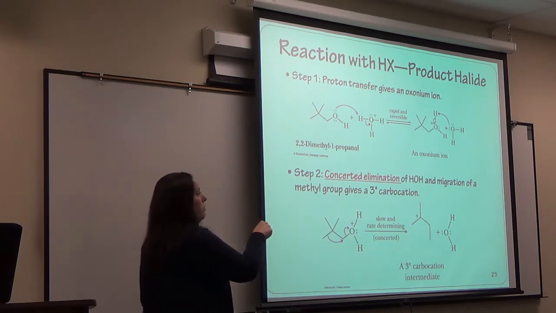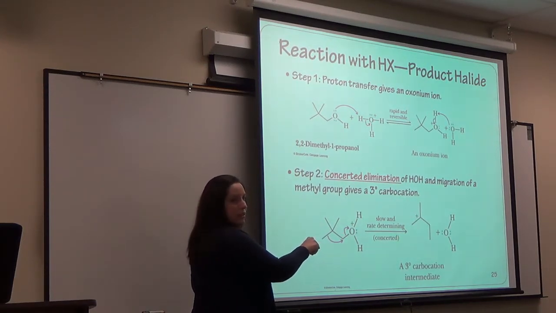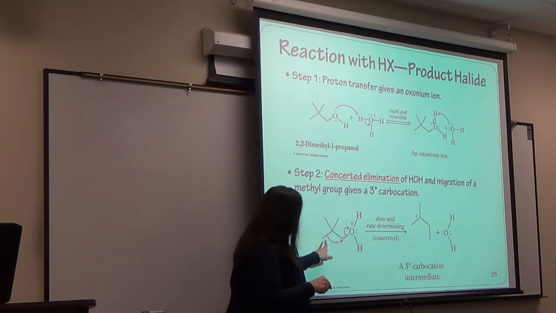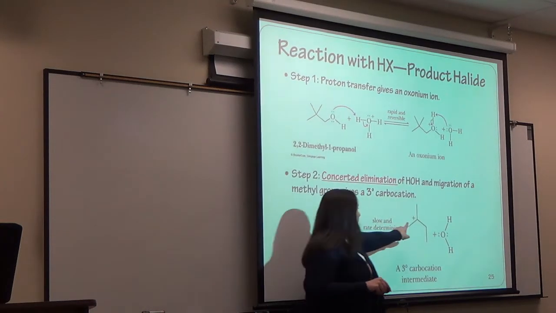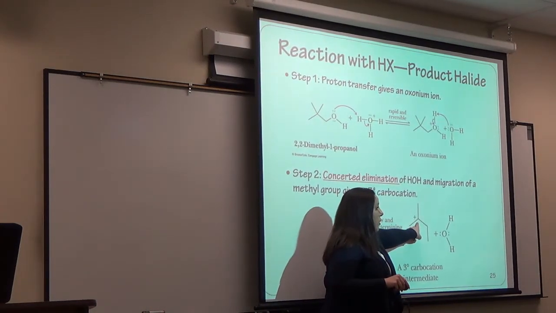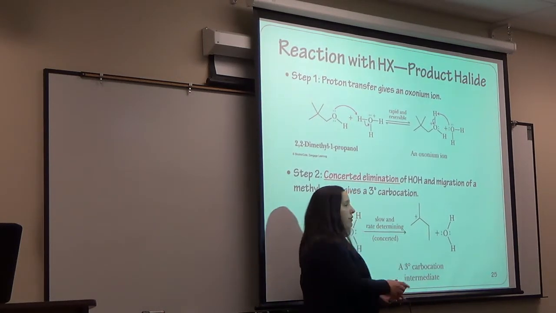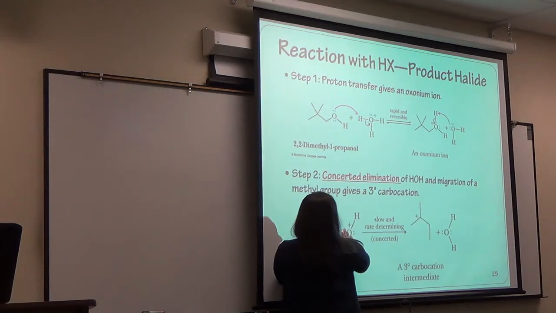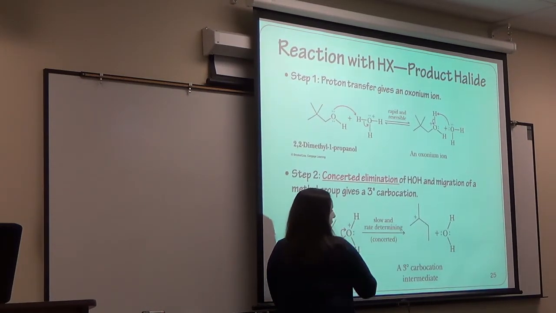So the concerted elimination is down here. You have to get rid of water, but you can't leave the carbocation here. Does that make sense? Because that's too unstable. So at the same time that water leaves, the shift has to happen so that the carbocation is actually here, where it's stable. If the leaving group leaves here and nothing happens with the shift, that's too unstable to be a carbocation.